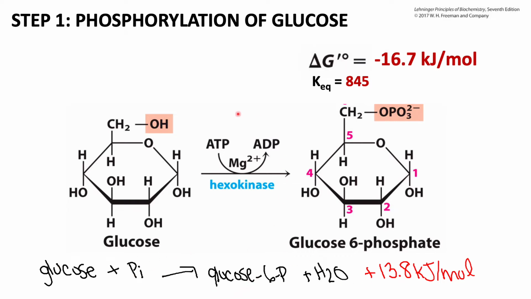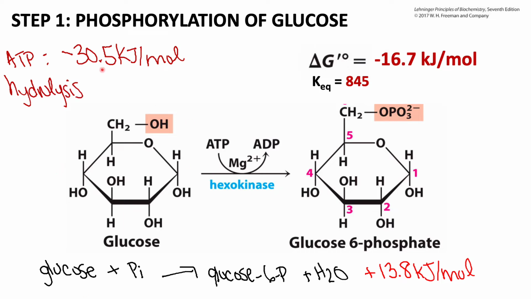So where are we getting the energy to catalyze this reaction? We are getting it from the hydrolysis of this ATP molecule. When the ATP is broken down to yield that phosphate and ADP, the energy released is negative 30.5 kilojoules per mole. And this is for the ATP hydrolysis.